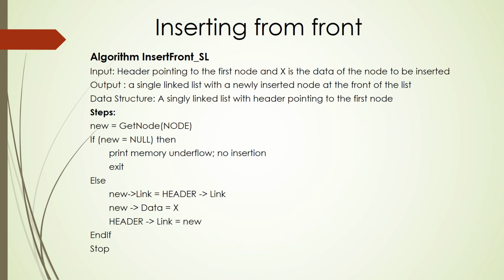So you will search the entire memory pool, find where you can fit this particular node, take the starting address of that location, and assign the address to a pointer variable called new.